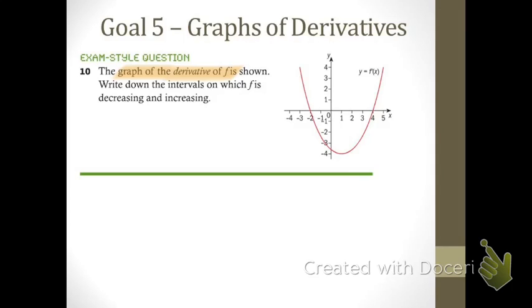What these directions want us to do is to write down the intervals on which f is increasing and decreasing. And I'm going to take it one step further and figure out where the graph of f of x would have a maximum value and a minimum value, if it has either one of those.